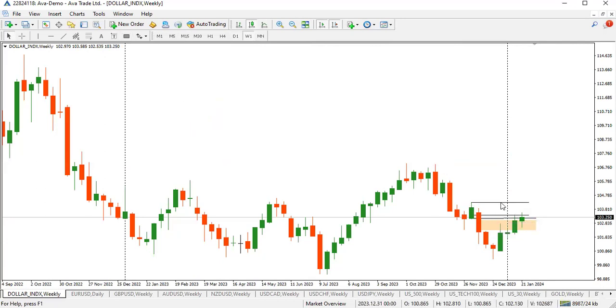If the body trades and closes above here, then we'll run higher to attack this sell side and then get into this inefficiency that I've been outlining for months. That is what will change my bias. For now, I'm still bearish on the dollar until it goes above this high.